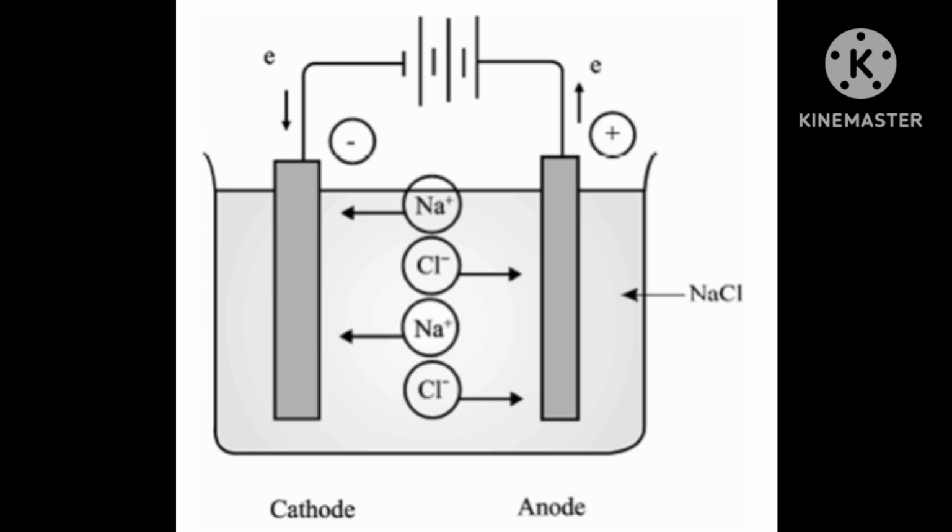Now this term, conductivity, is used in place of specific conductance. The SI unit of conductivity: conductance is Siemens, S. Then what will be the unit of conductivity?